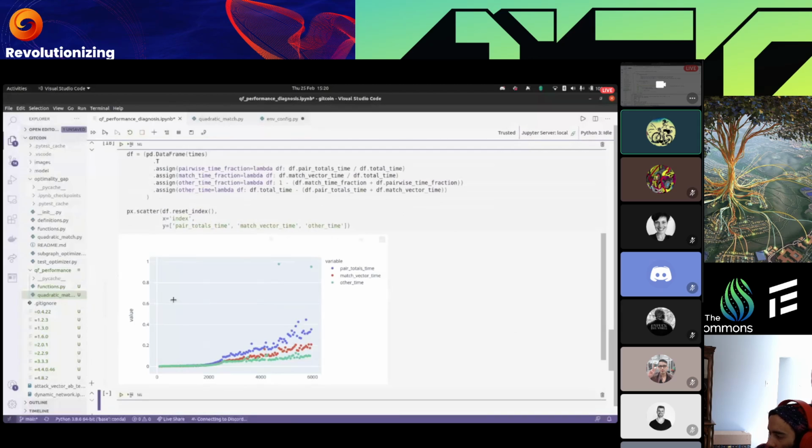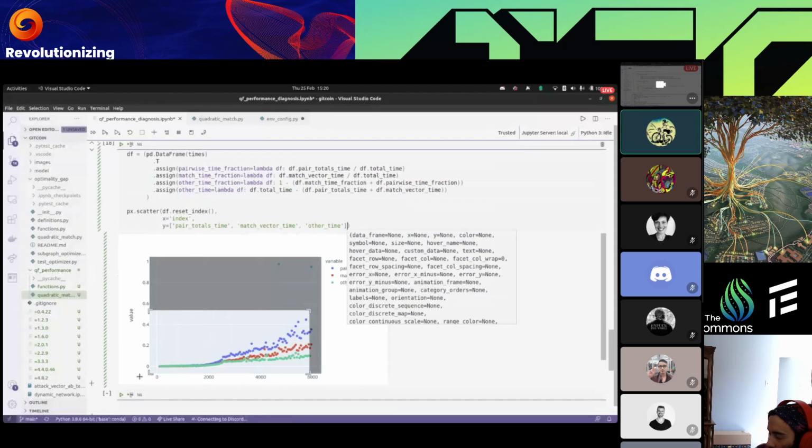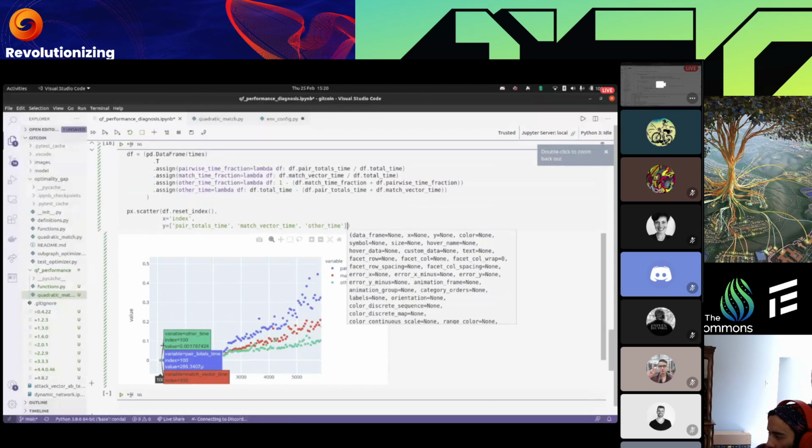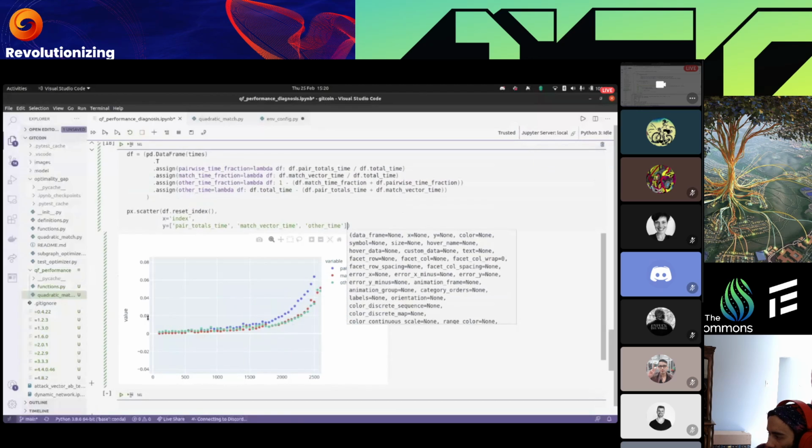So this is the distribution of time, and it's interesting because I think that we need a log, I mean, we don't exactly need a log, but maybe we could use Plotly here to have a better view. So let's see, for example, what happens before 1,000 steps.